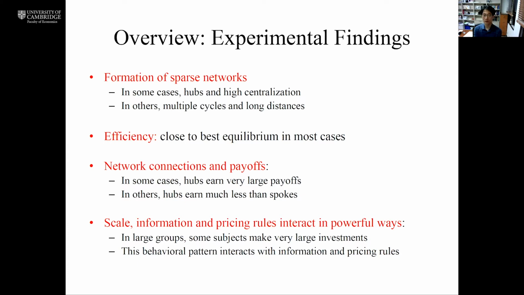The main interaction is that in large groups, people tend to compete very fiercely to become the hub by making a very large amount of investment. But this pattern particularly interacts with how much information we present to the subjects, and what kind of pricing protocol they face in the environment.